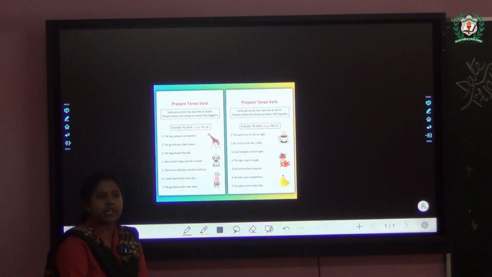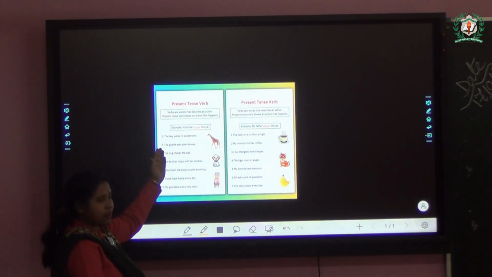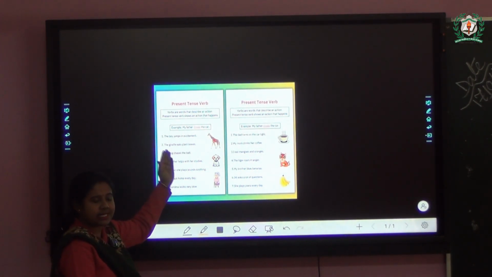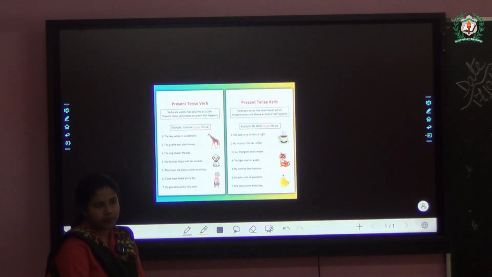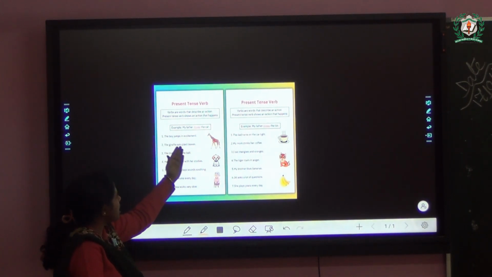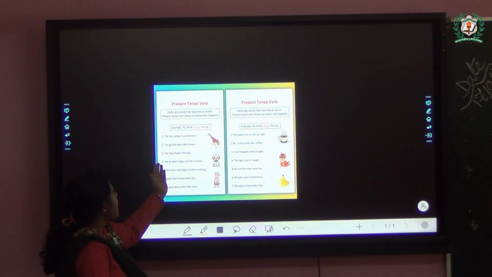So you have to keep it in mind in present tense. If the subject of the sentence is in singular form, then you have to add one s to the main verb. So likewise, the boy jumps, the giraffe eats, the dog chases, her brother helps.